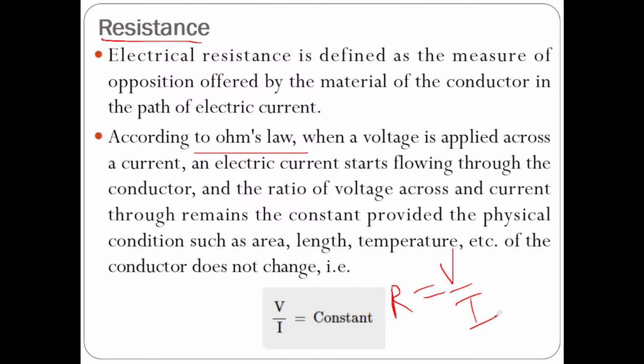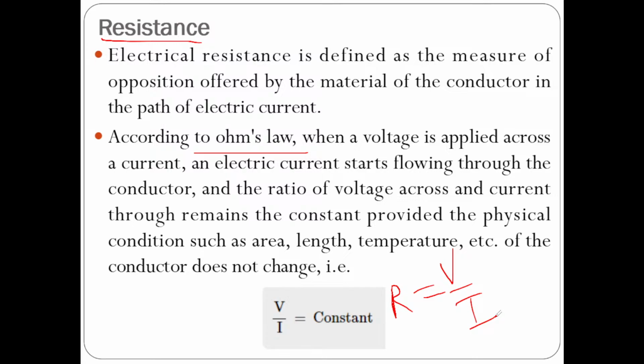Now if you represent voltage by some vector, and current by some vector, then a circuit in which only resistors are present can be called a purely resistive circuit. The current and voltage in a purely resistive circuit will be overlapping each other.